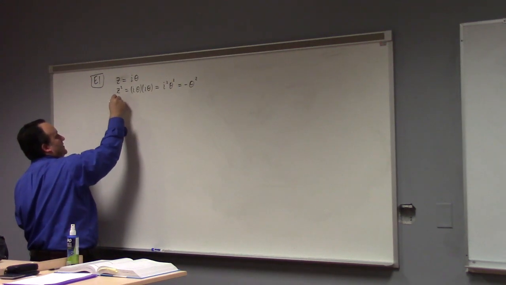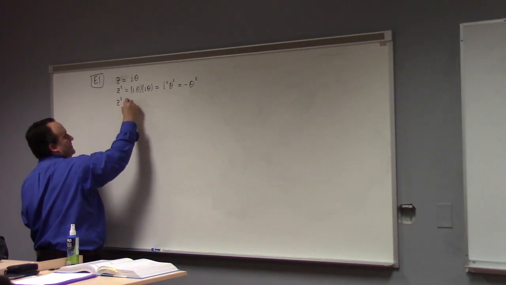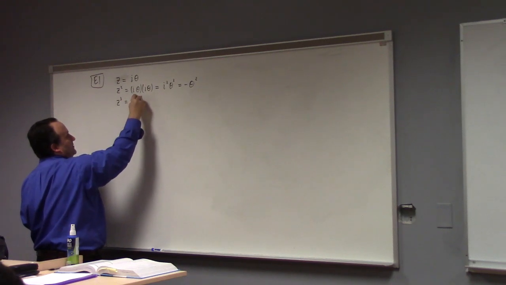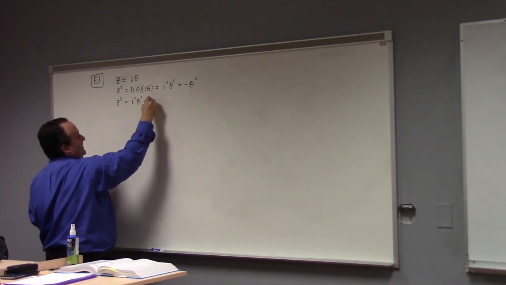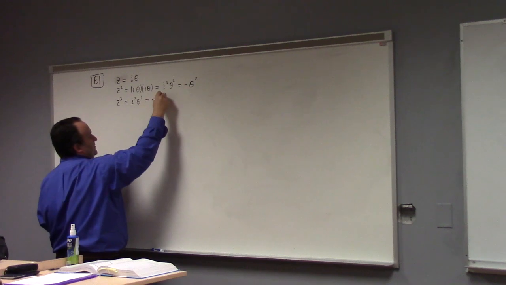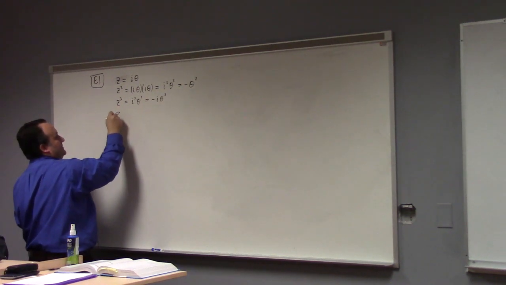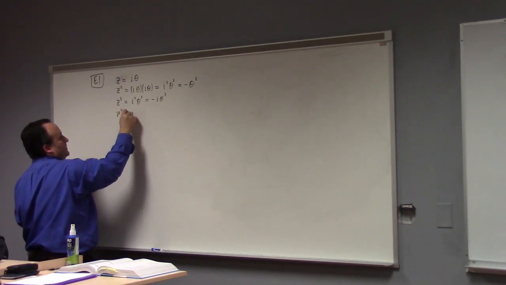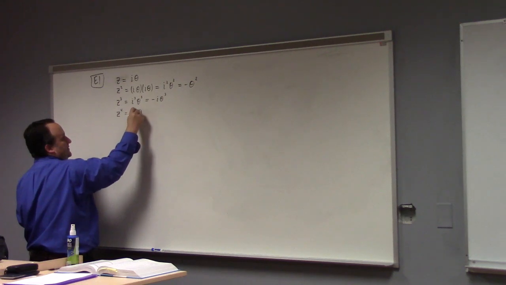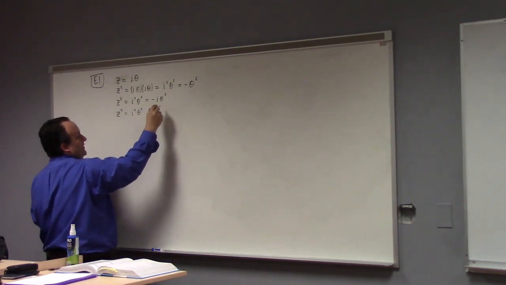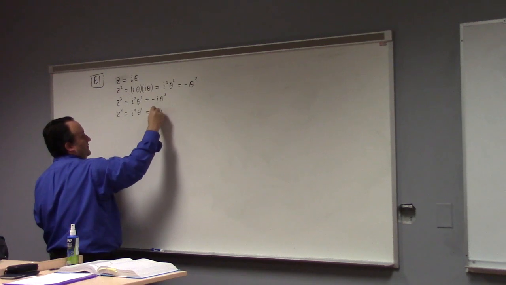And z cubed is i cubed theta cubed, right? Which is actually minus i theta cubed. If we calculate z to the power 4, we get i to the 4th, theta to the 4th, which is just theta to the 4th.